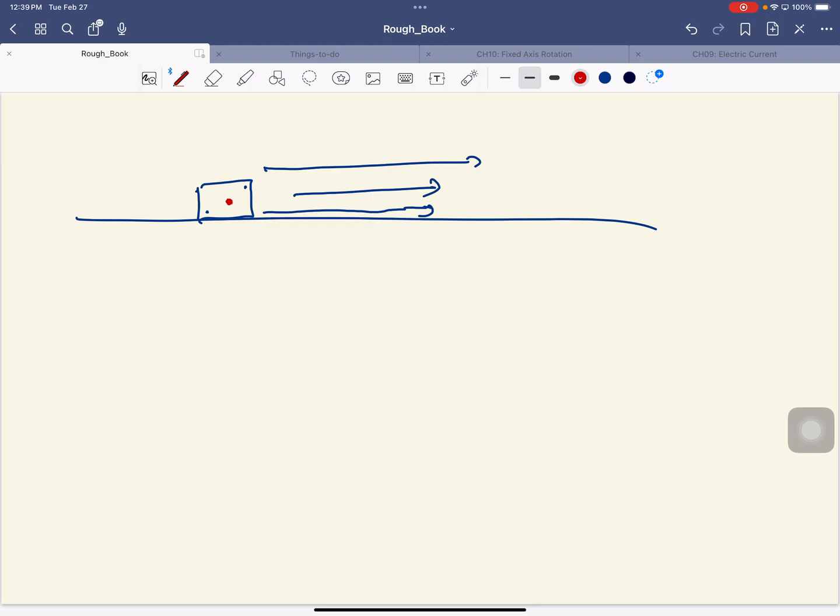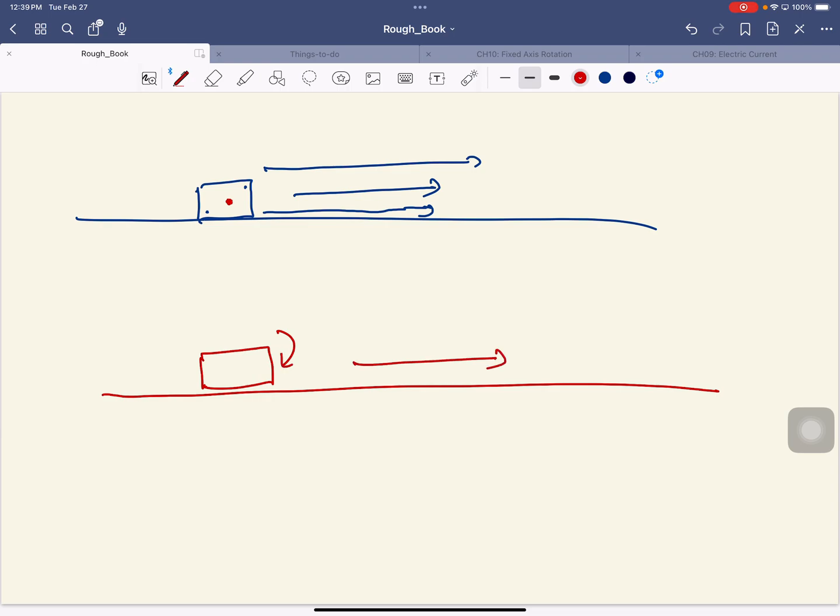Now let's say you're driving your car, and if the car is spinning and moving forward, then everything that you learned here does not apply, because different points on the object will have different velocities and so on. So as soon as you add spin, things get complicated.